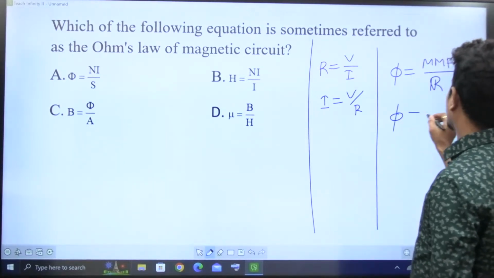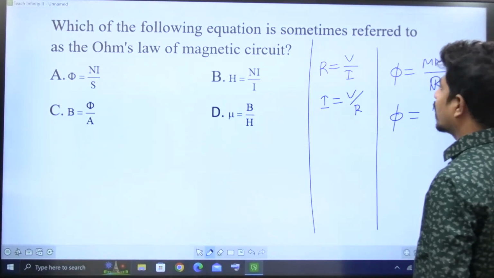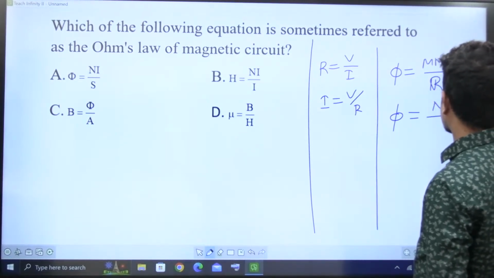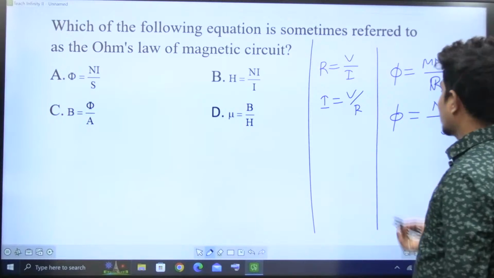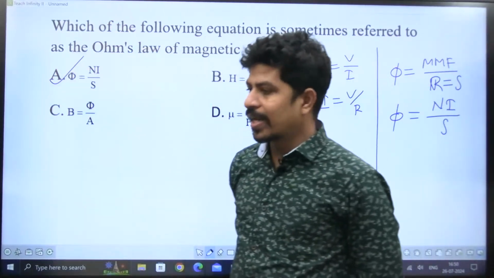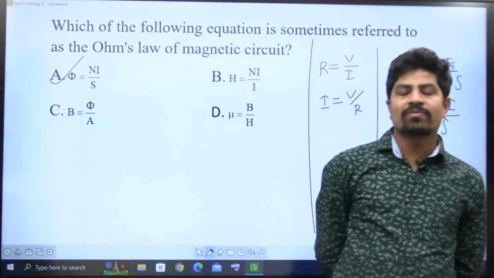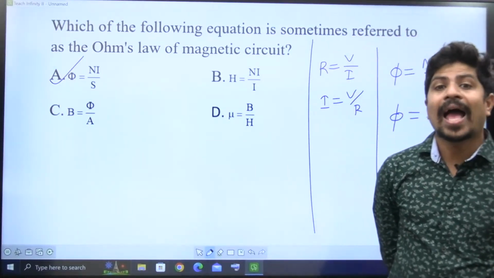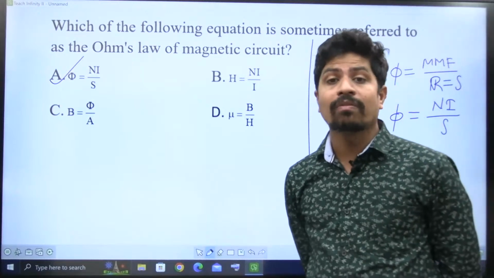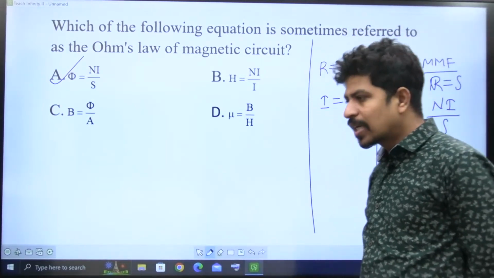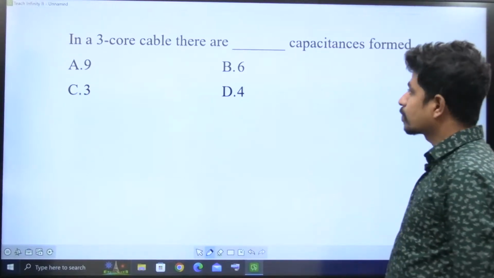MMF is nothing but N into I, divided by reluctance. Some people show reluctance with the symbol S also. So the option is A. Flux is equal to MMF by reluctance. Magnetomotive force divided by reluctance is the analogue of Ohm's law of voltage, current, resistance. It is referred to as Ohm's law, but it's not the exact Ohm's law.